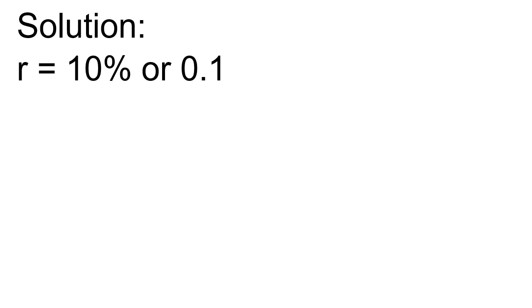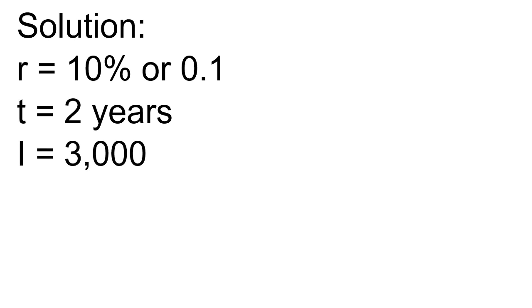So in this problem, let us list the given. The rate is 10% or 0.1, times 2 years, and the interest is 3,000 pesos. So in this problem, we will be solving for the principal amount. So remember, our formula is I equals PRT.